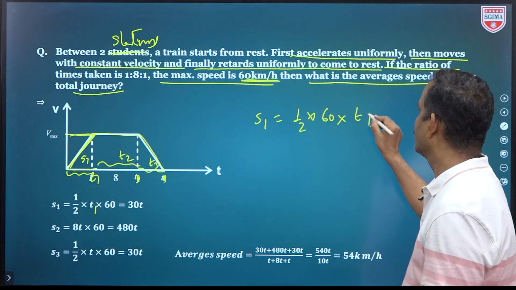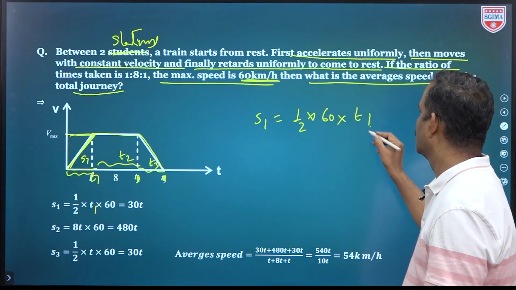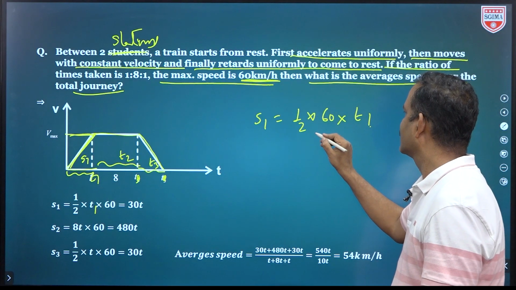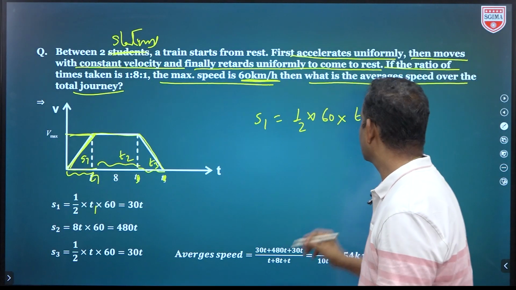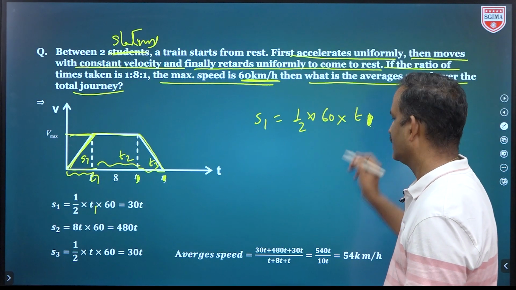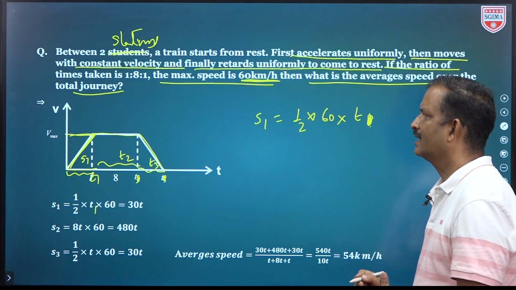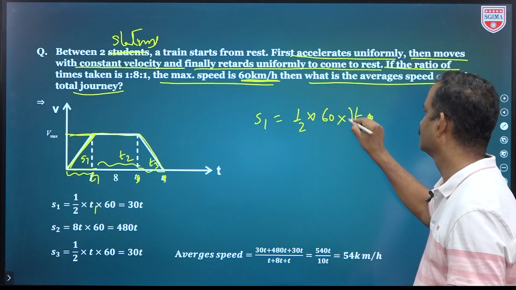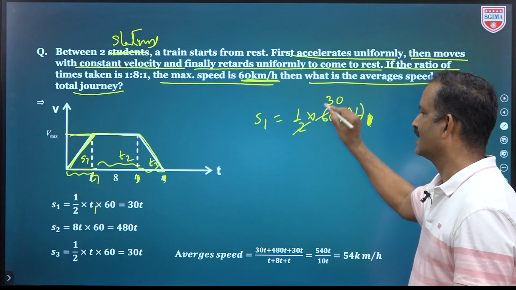That t1 is given as 1, so let us take it as 1t. Then what you are getting is 30t.